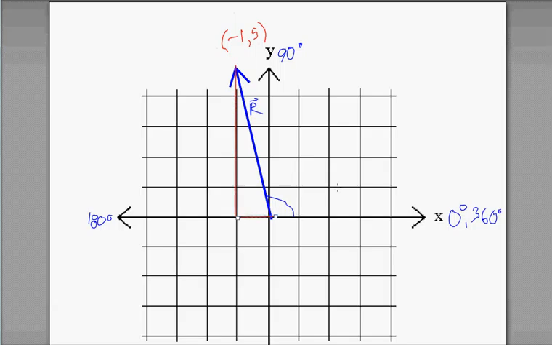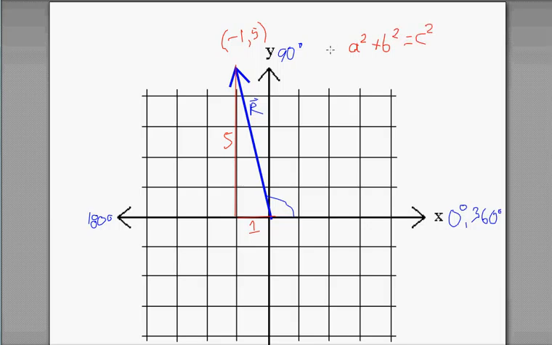This is a 5 by 1 is your 2 sides for your triangle. This side's 5, and this side is 1. So that's going to be your sides, and to find the resultant, you just simply do the Pythagorean theorem, which is a squared plus b squared equals c squared.